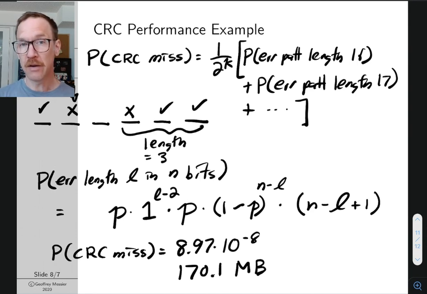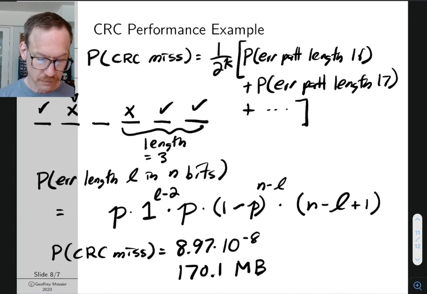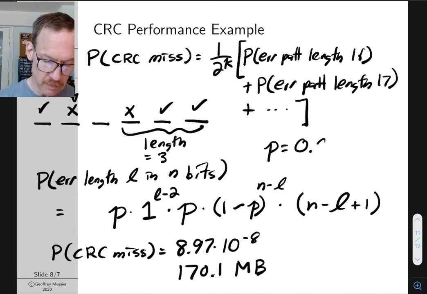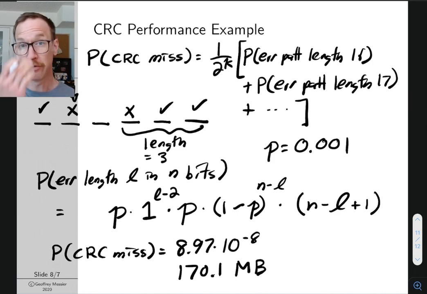So a lot better than the parity bit for sure. 170 megabytes, that's not huge, right? Like you can't even download a movie for that much storage. But remember, the probability of bit error that we've assumed is 10 to the minus 3. And this is super, super high.